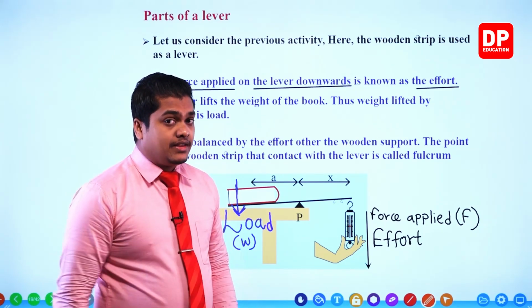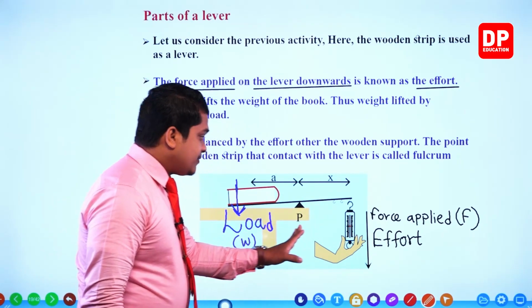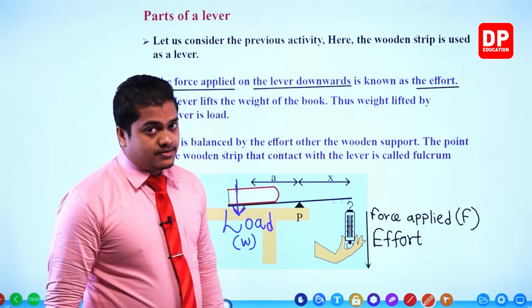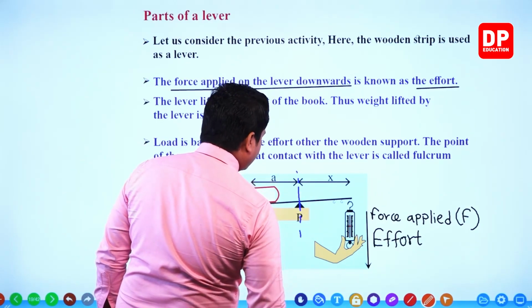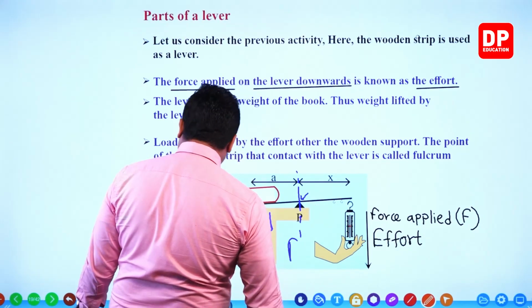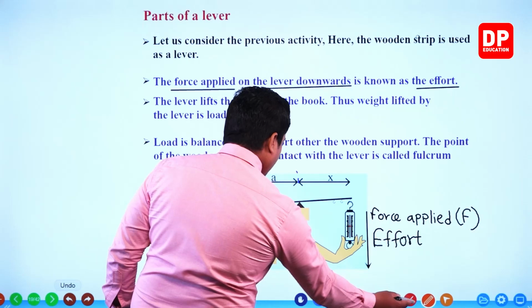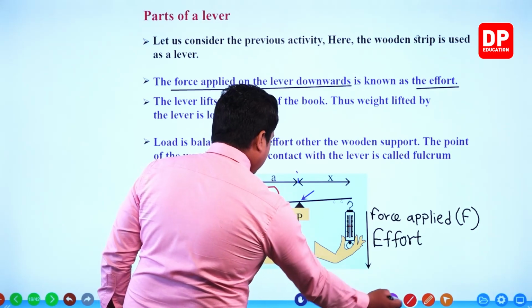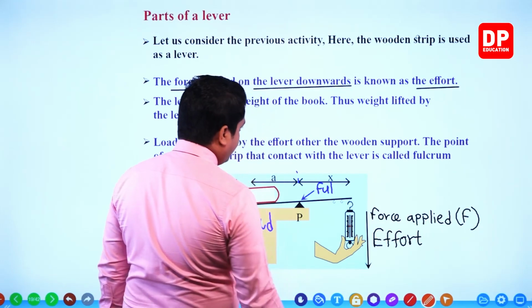Over there I have marked that using the name wedged point. So this wedged point where the lever is contacting the surface is referred to as the fulcrum. This is the fulcrum, point P over here. This is the fulcrum.